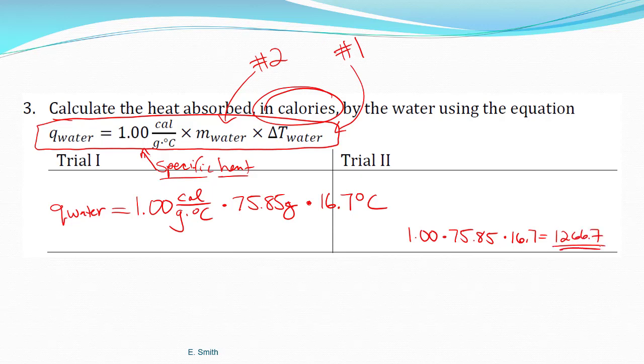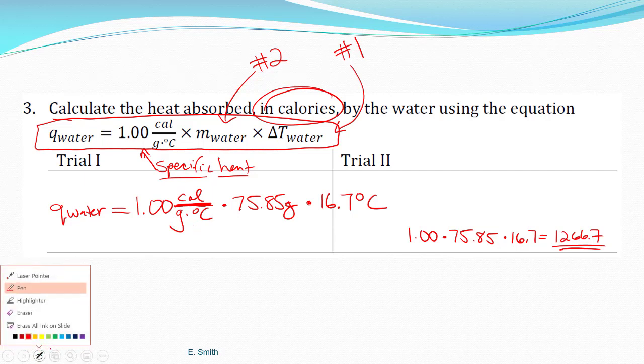It's fine and dandy that I get a number, but numbers mean nothing unless they have units attached to them. So we need to figure out what units we have here. This is where it's important to recognize what's in the numerator and what's in the denominator. We have our line here separating calories from grams degrees Celsius. So calories is in the numerator, while grams and degrees Celsius are in the denominator.